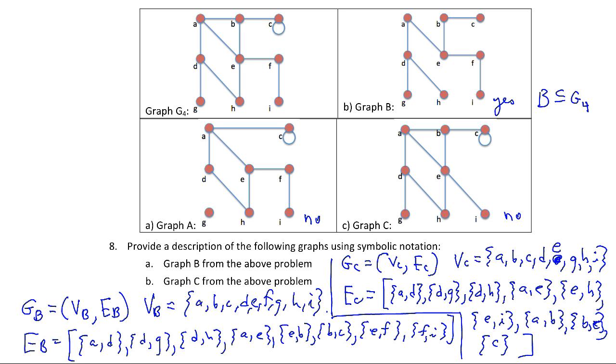Okay, now what I'm going to do to check this is I'm going to count the number of edges and then compare it. 1, 2, 3, 4, 5, 6, 7, 8, 9, 10. 1, 2, 3, 4, 5, 6, 7, 8, 9. Uh-oh, I'm missing somebody. Am I missing BE? I have BC, but I don't think I have BE. Yeah, I'm going to go ahead and add that one.